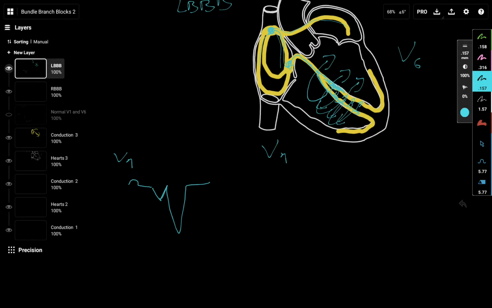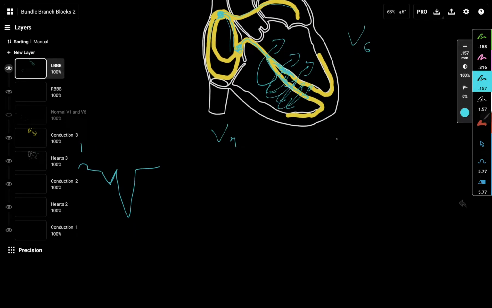So let's have a look at V6 instead. What's going to happen in V6? My initial deflection is going to be from my right bundle to my left, so towards V6. So I'm going to have a small positive deflection there at first. After that, my right ventricle depolarizes first, away from V6, so I'm just going to have a negative deflection there.